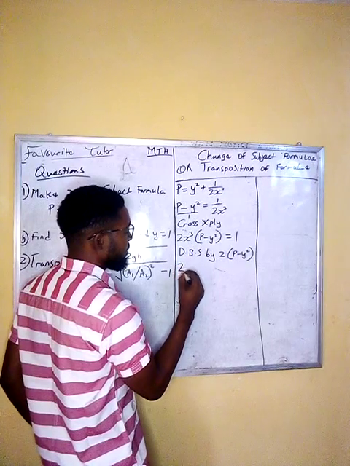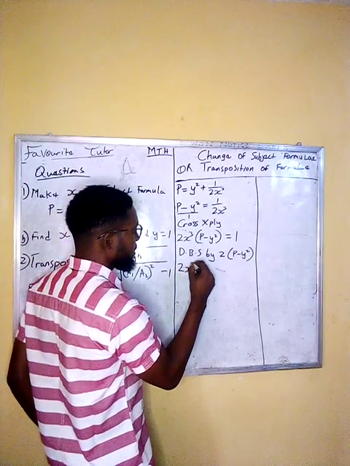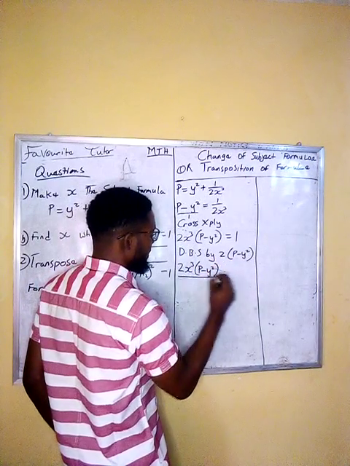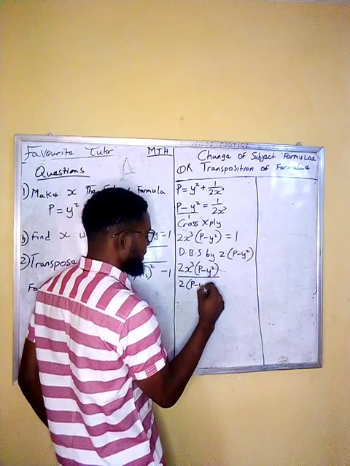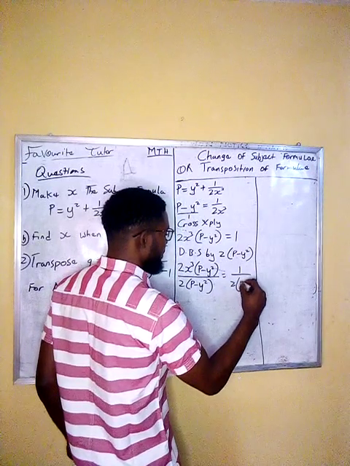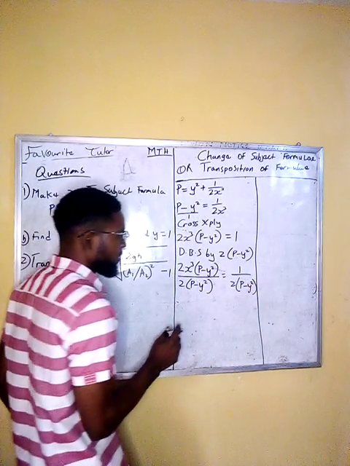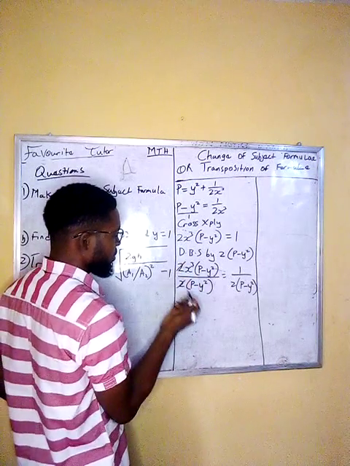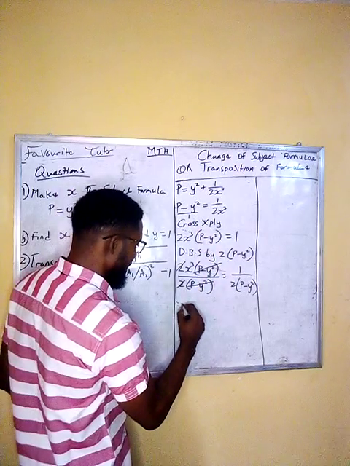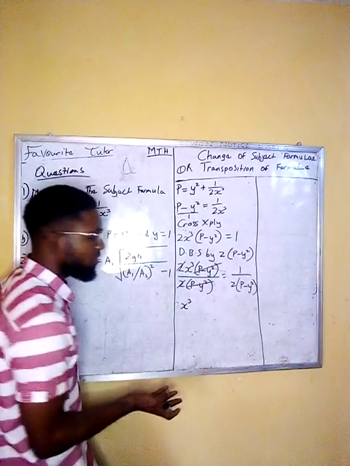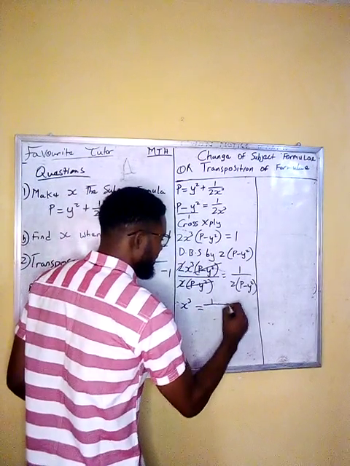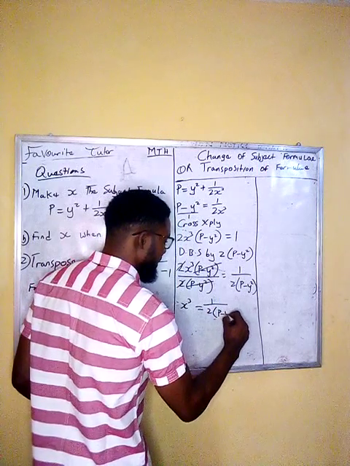So 2x raised to the power of 3 bracket P minus y to the power of 2, divided by 2 bracket P minus y to the power of 2, equals 1 all over 2 bracket P minus y to the power of 2. You can see from here, 2 cancels out 2, the brackets cancel out each other, and x raised to the power of 3 is left on one side of the equation. So this equals 1 all over 2 bracket P minus y to the power of 2.